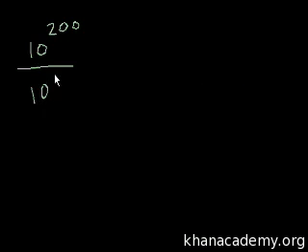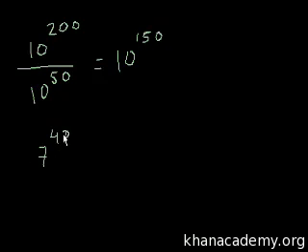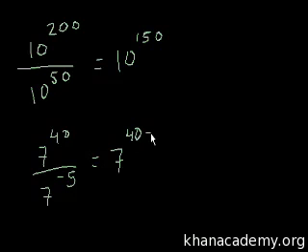If I said 10 to the 200th over 10 to the 50th, well, that just equals 10 to the 200 minus 50, which is 150. Likewise, if I had 7 to the 40th power over 7 to the negative 5th power, this will equal 7 to the 40th minus negative 5.